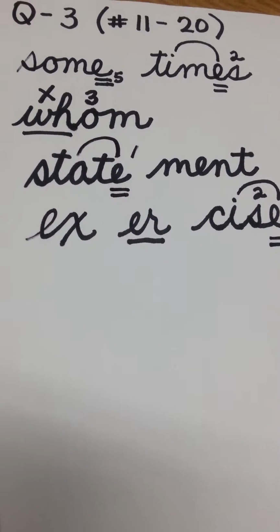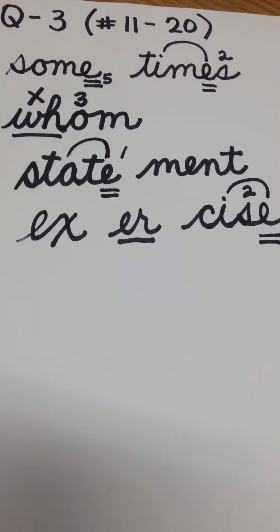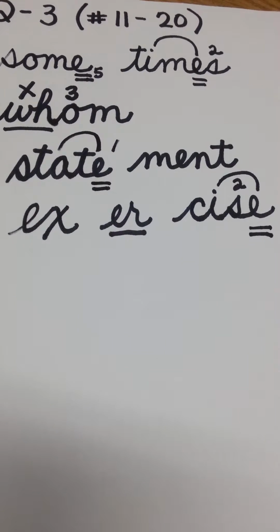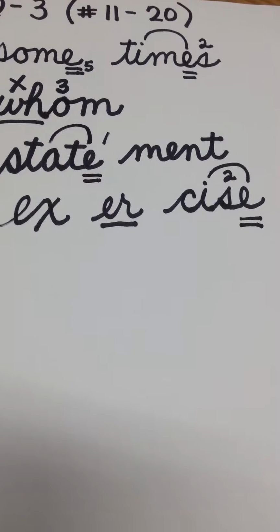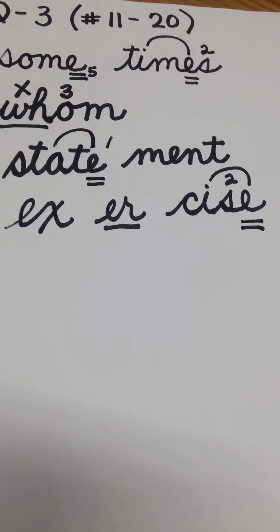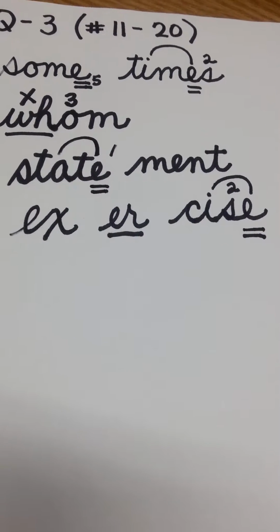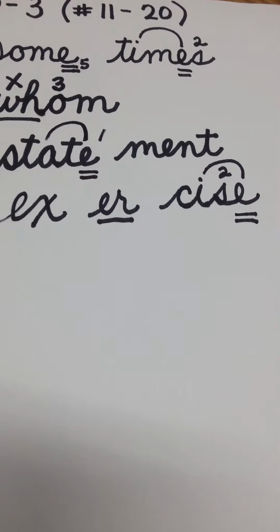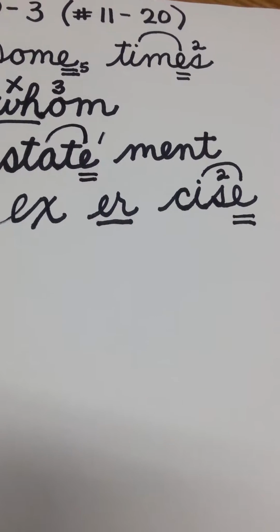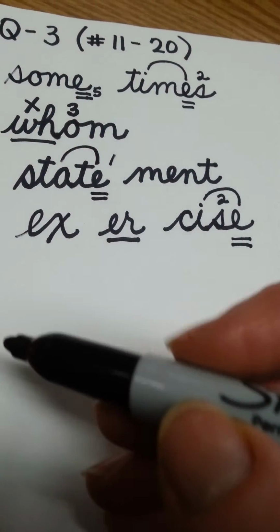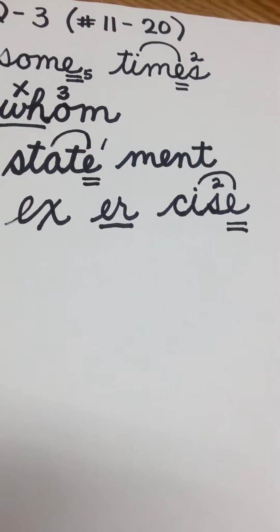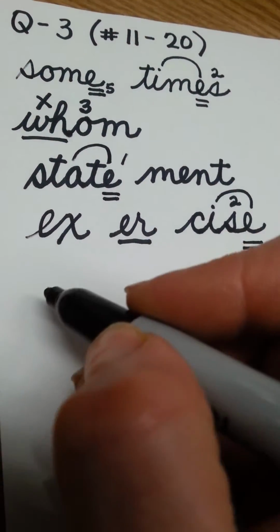All right, the next word is breath. The Spirit of God made me, and the breath of the Almighty gave me life. Breath. This is the noun breath, not the verb breathe. Breath. Syllables: breath, 1.